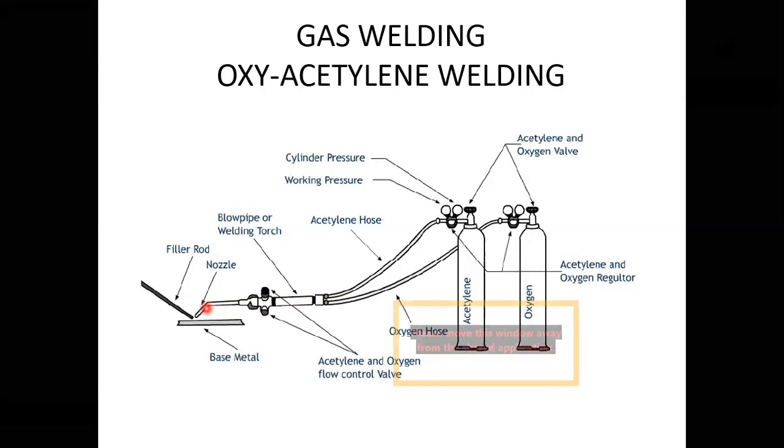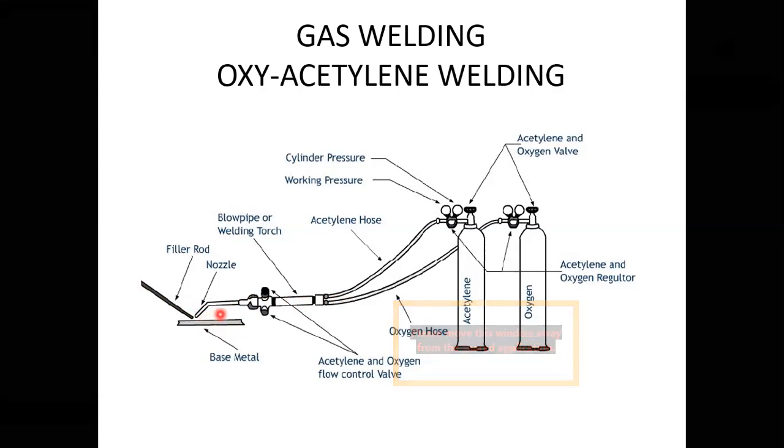When you ignite it by using a lighter or a stick of match, the gas mixture starts burning. This is the filler material. This is the base metal or workpiece where you want the gas welding joint.